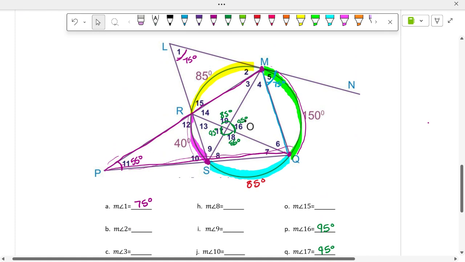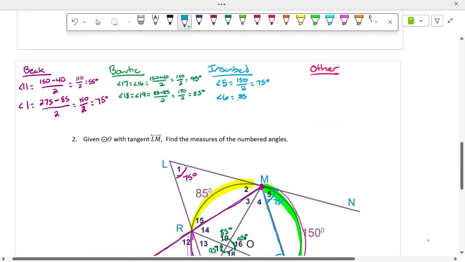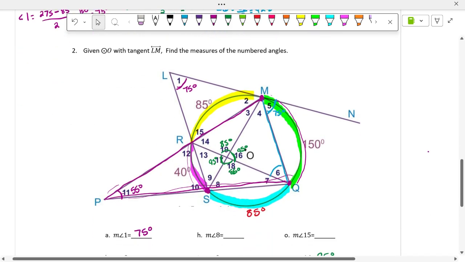Here. Abby. 6 is good. What arc is it overlapping? 85. So I'm going to do 85 divided by 2, which is what? 42.5. So that's one where I said it's okay if you get a decimal.